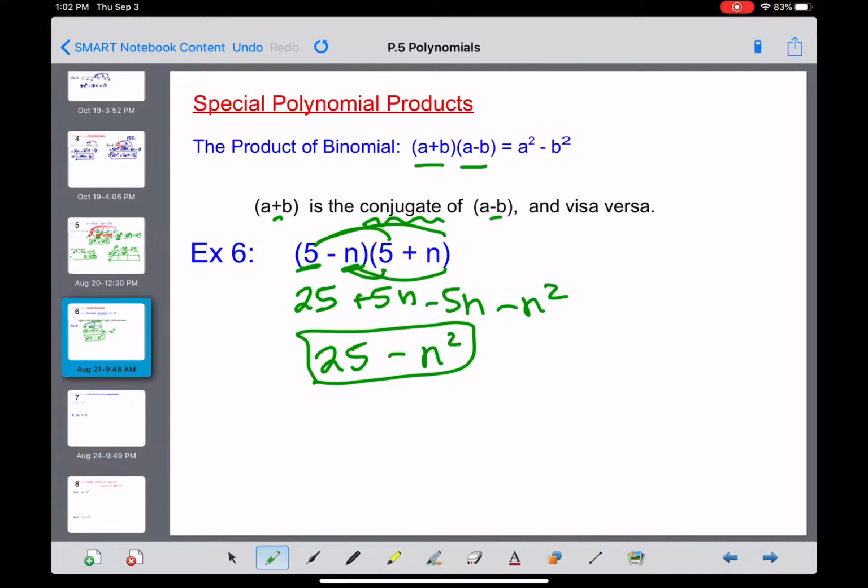So 5 squared, or n squared, sorry. 5 squared is 25, minus n squared, which is what we got. So that's just an easier, quicker method, but you can always multiply it out.